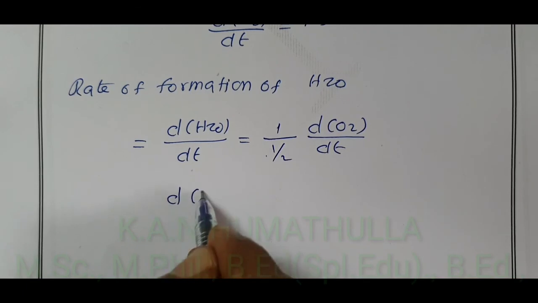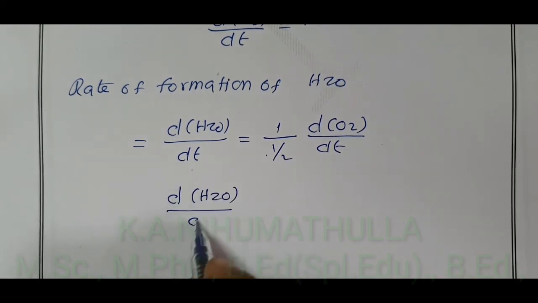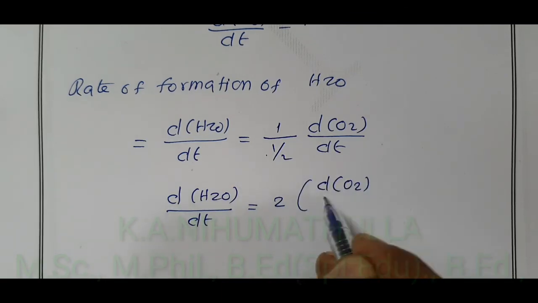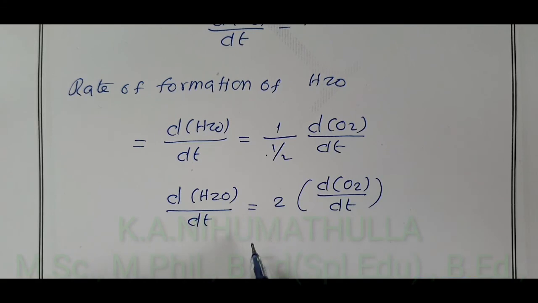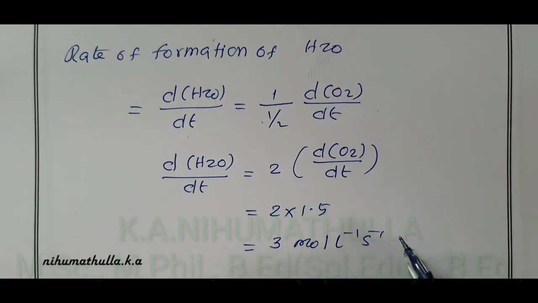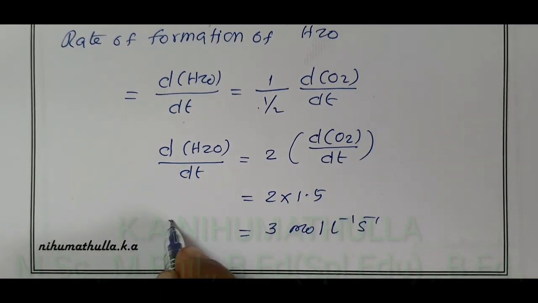So, d of concentration of H2O divided by dt equal to 2 into d of concentration of O2 divided by dt, that is equal to 2 into 1.5 we have calculated. So, the answer is 3 mole liter power minus 1 second power minus 1. This is your d of concentration of H2O divided by dt, formation of water molecule. So, in this video we discussed two problems.